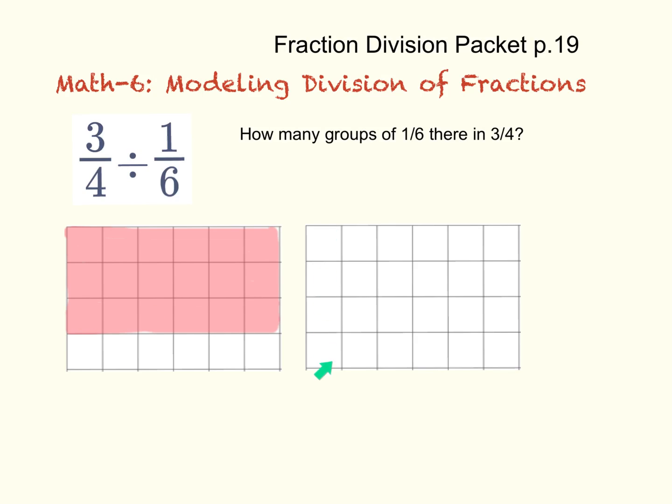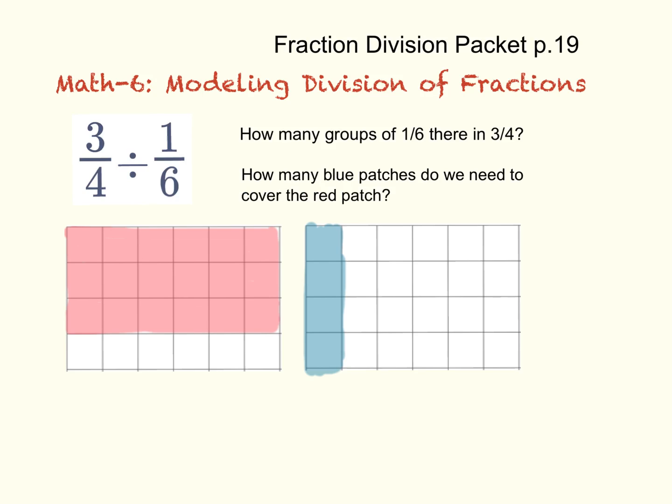So basically, I'll just highlight one column here to show you 1/6 in the second rectangle. Okay, so this is 1/6. So now to figure out how many groups of 1/6 are there in 3/4, when you look at these two models, it's like saying, how many of these blue patches do you need to cover this big red patch? Okay, so I'm going to write that down too.